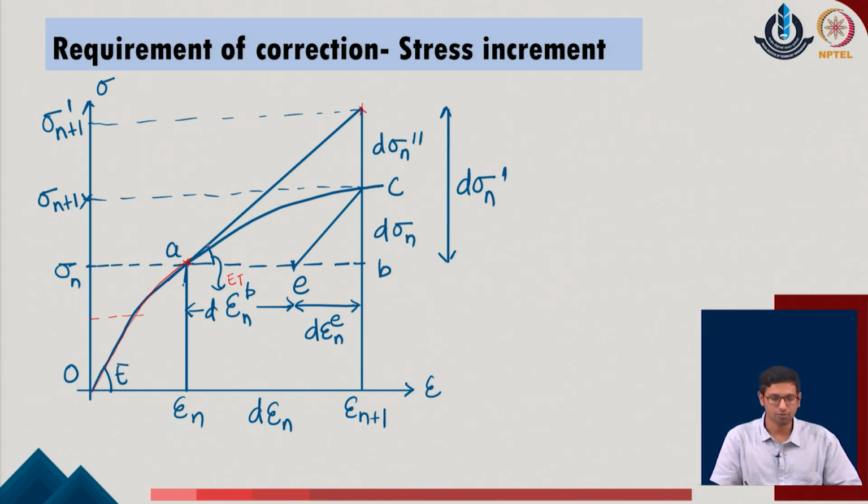Now, with respect to this given tangent, the overall increment in the stress appears to be sigma n plus 1 prime, with the increment value of d sigma n dash in the given system. Corresponding to that, the user can also identify the value of the strain parameter in the given system.